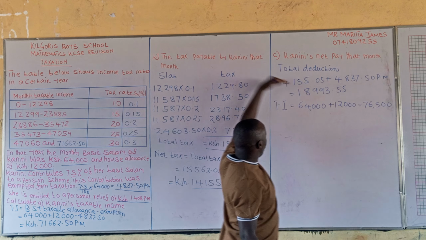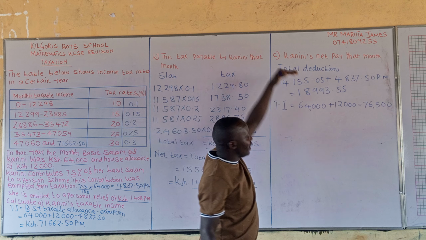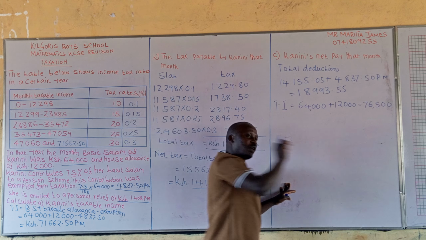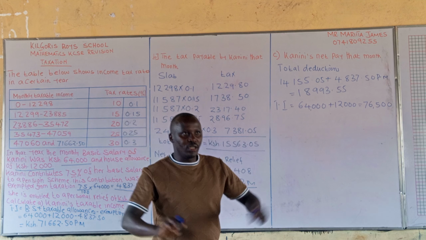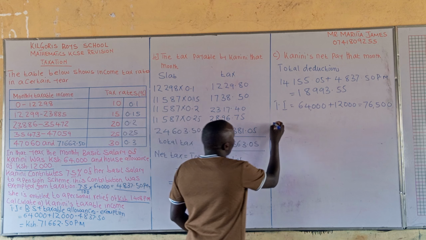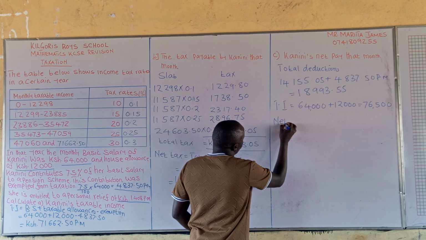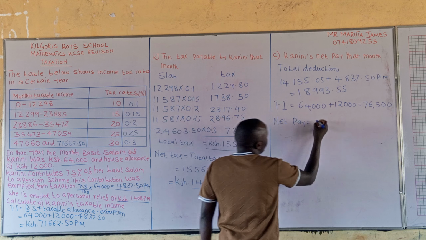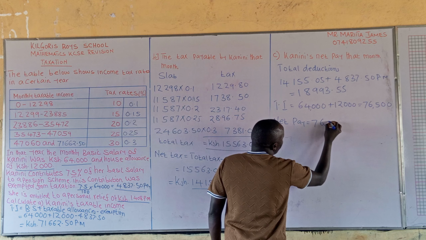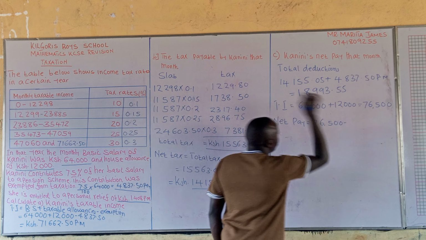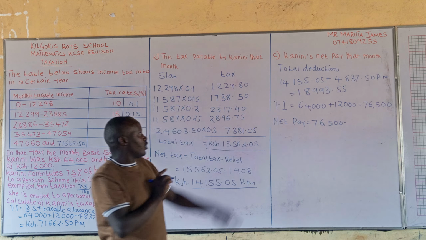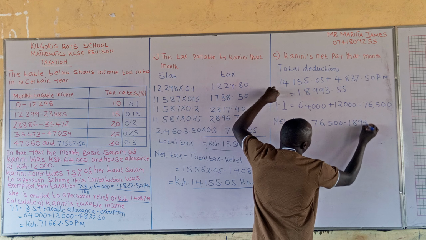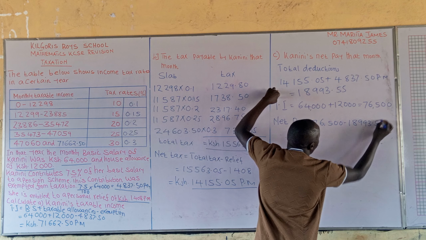So Kanini's net pay now will be equivalent to this taxable income without an exemption minus the total deduction. So our net pay is equal to Kenya shillings 76,500. You subtract the total deduction here, you subtract 18,993 and 55 cents.